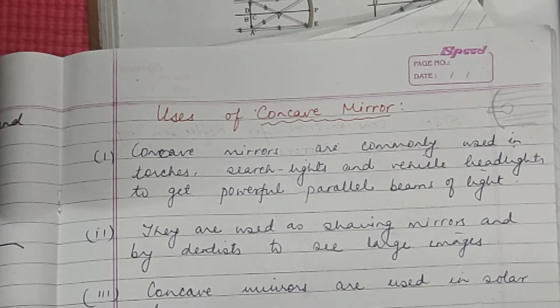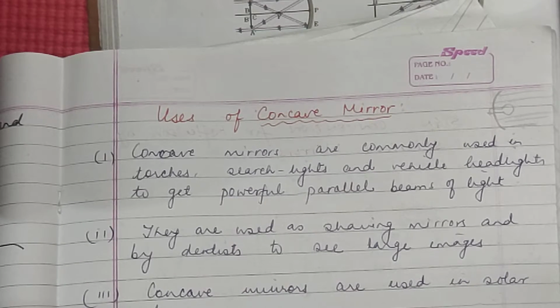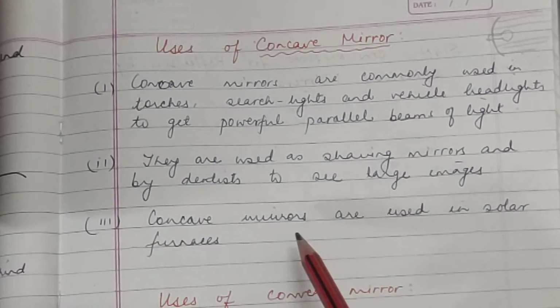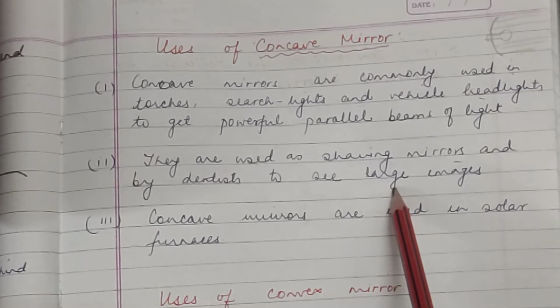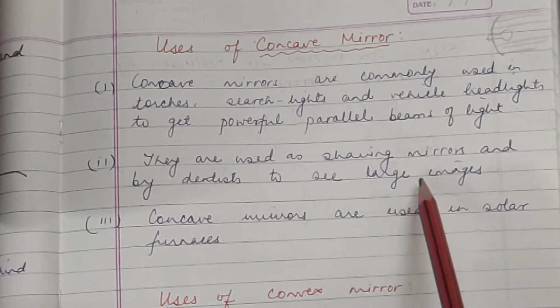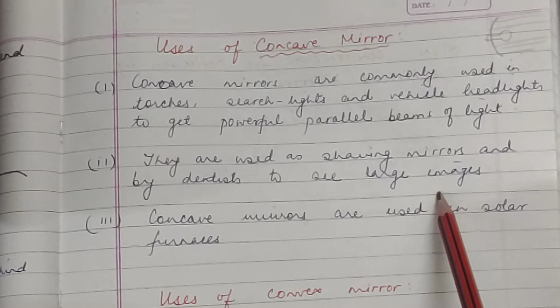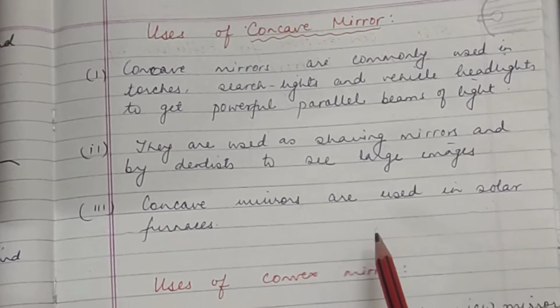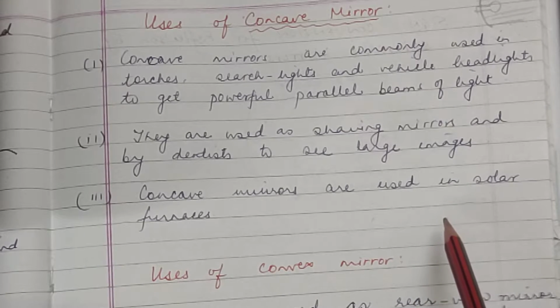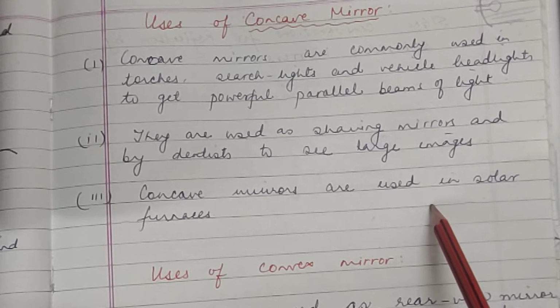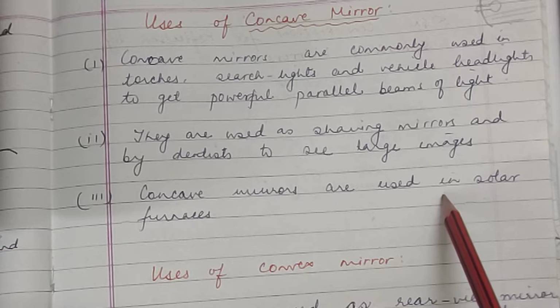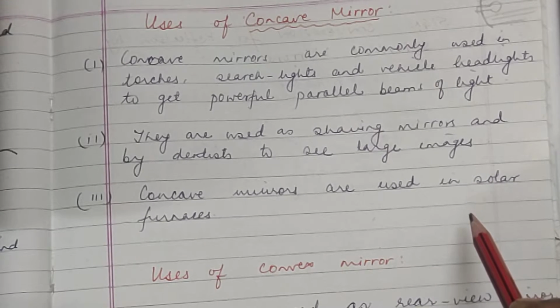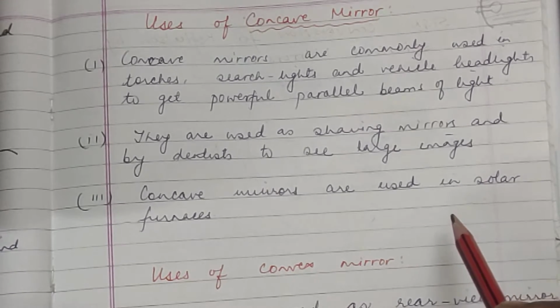Then they are used as shaving mirrors and by dentists to see larger images. Then they are used in solar furnaces. What happens when a parallel beam of light falls on a concave reflecting surface? This beam is brought to the focus of the concave mirror.